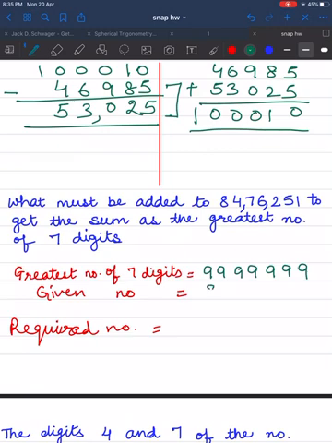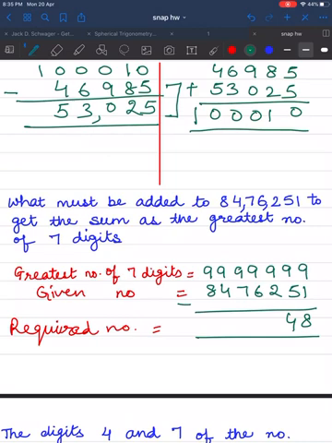So I write the given number here, 84,76,251. And to get the required number, I will subtract these two numbers. So I get here, I hope everybody knows how to subtract. So I get 15,23,748.